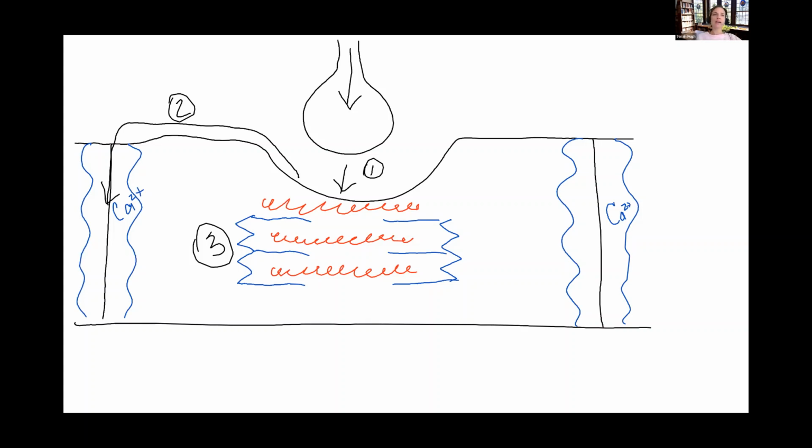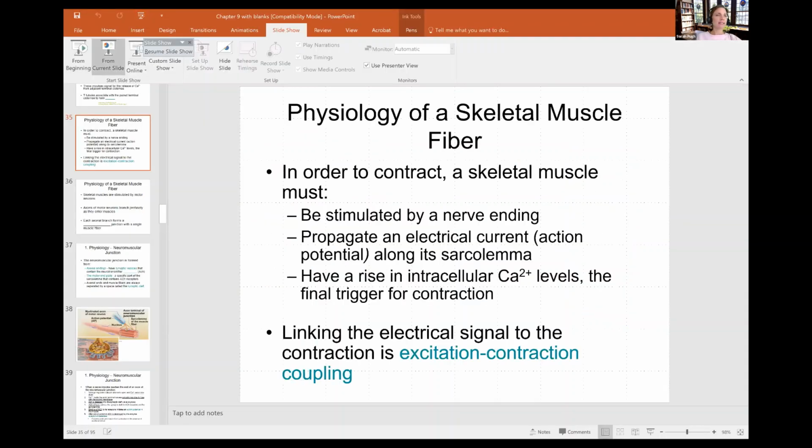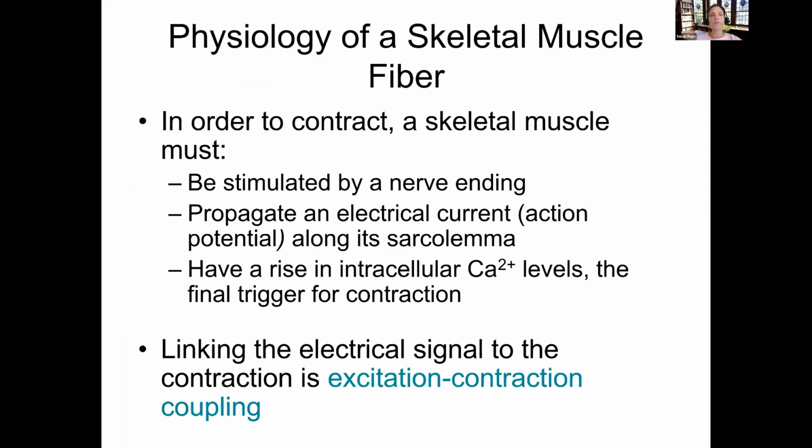And so you can see here that this is just walking you through what has to happen in order for a skeletal muscle cell, muscle fiber, to contract. 1, It has to be stimulated by a nerve ending. So that step number 1 that I have on that drawing is how the impulse from a neuron jumps from the neuron to the muscle.